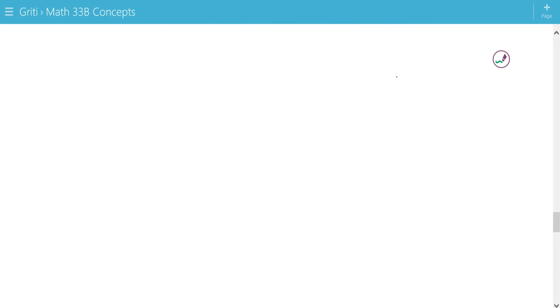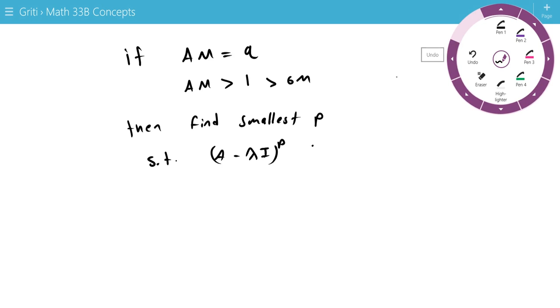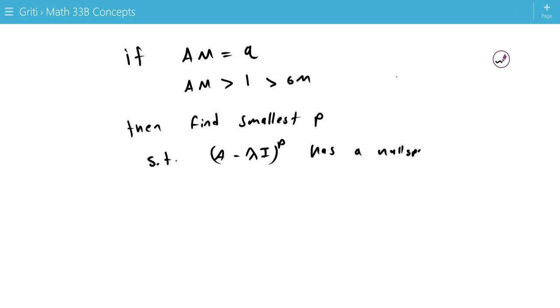So now to go over the major points. If our algebraic multiplicity equals q, and it is greater than 1, and it is greater than our geometric multiplicity, then find the smallest p such that (A minus lambda I) to the p equals 0, or has a null space with a dimension equal to q.